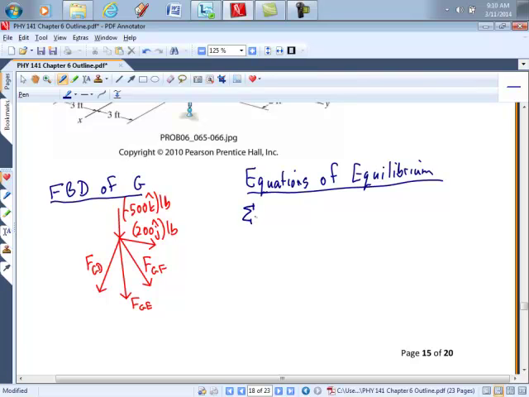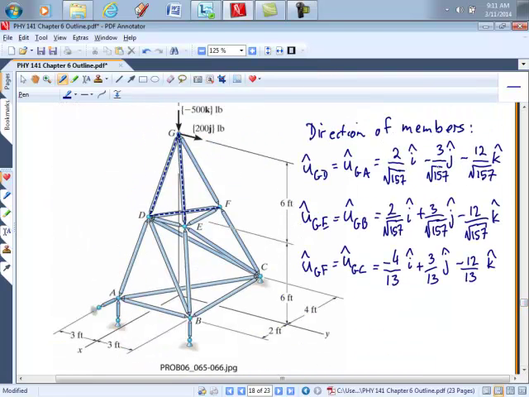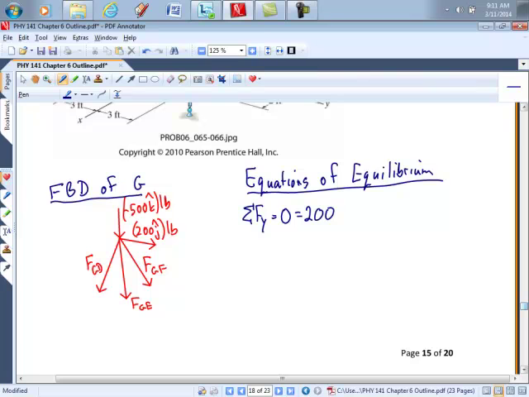So you said you don't want to start with X. Which one would you like to start with? Y. Net force Y equals 0. So I know I've got this 200-pound external force on the top in the Y direction, so 200. And then each of the forces are going to have Y components. The Y component of this one is going to be negative 3 over root 157 FGD.